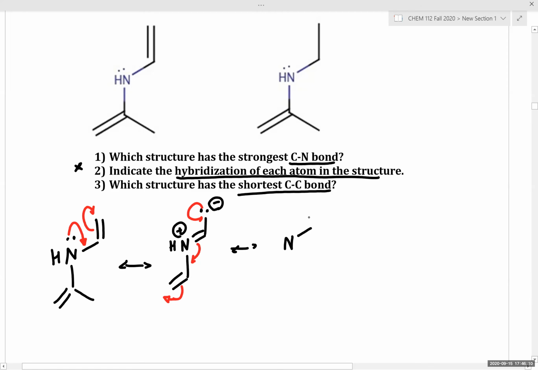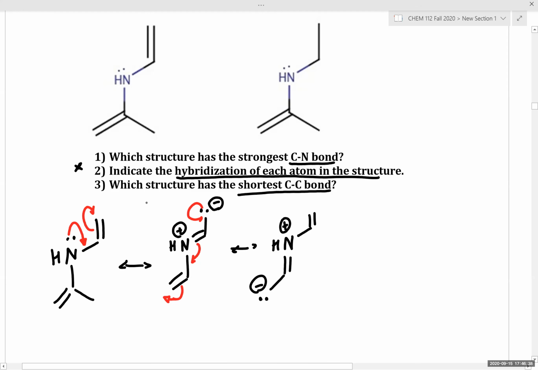This in turn gives us the following set of resonance structures. Does this make sense to everyone? Does this arrow pushing logic make sense? You start from your source of electron density and you delocalize it through your pi system.